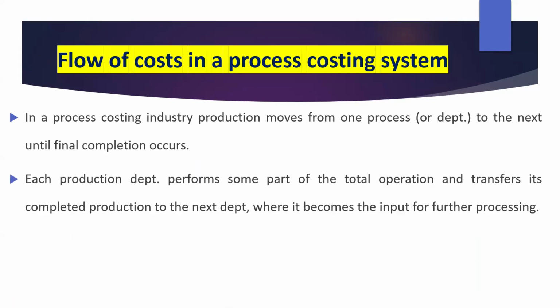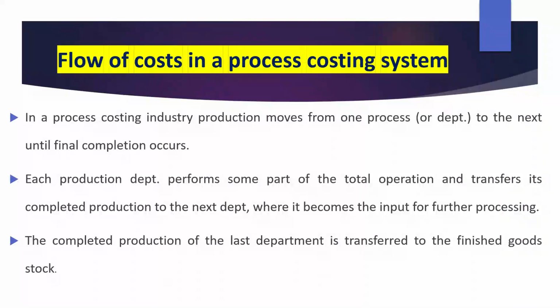Each production department performs some part of the total operation and transfers its completed production to the next department, where it becomes the input for further processing. The completed production of the last department is transferred to the finished goods stock. So you can see the flow of cost in the process department.